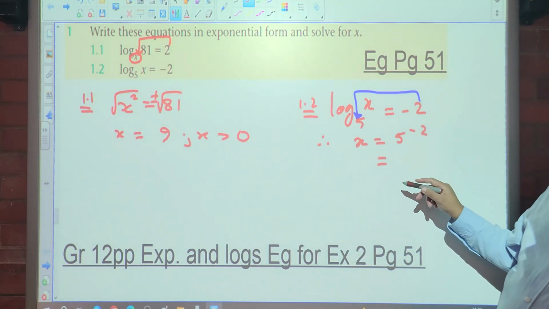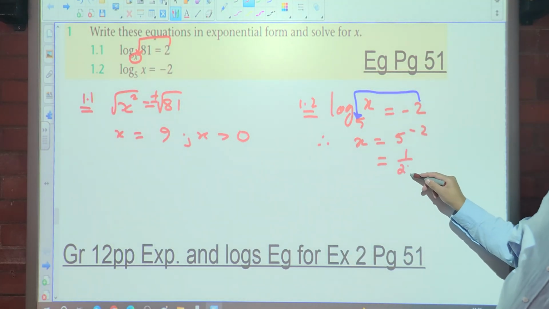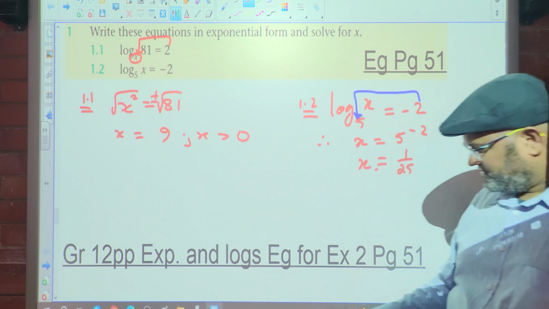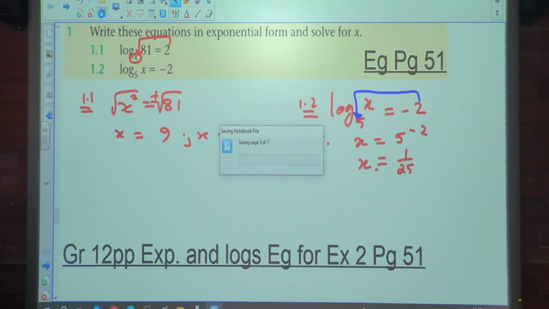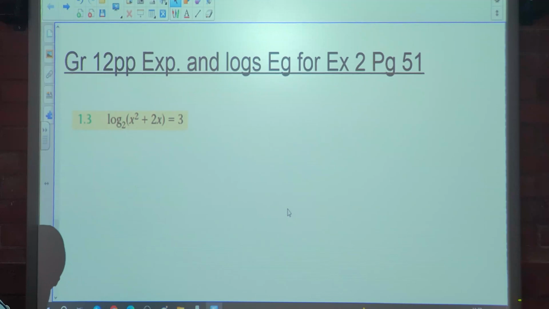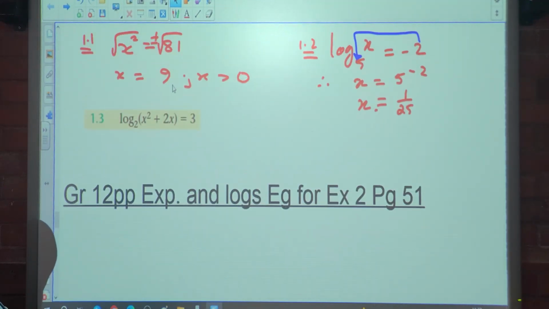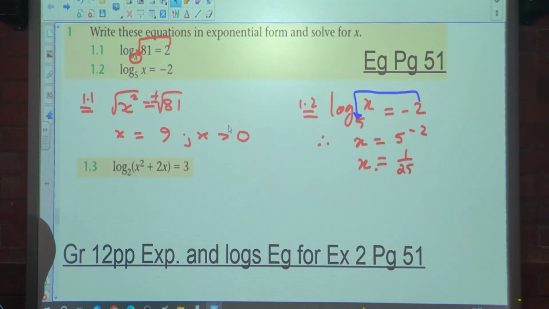And 5 to the negative 2 is 1 over 25. Is there any confusion there, people? Okay, what are you confused about? Who said yes? Oh no, okay. Hearing things. Alright. People, let's look at 1.3.